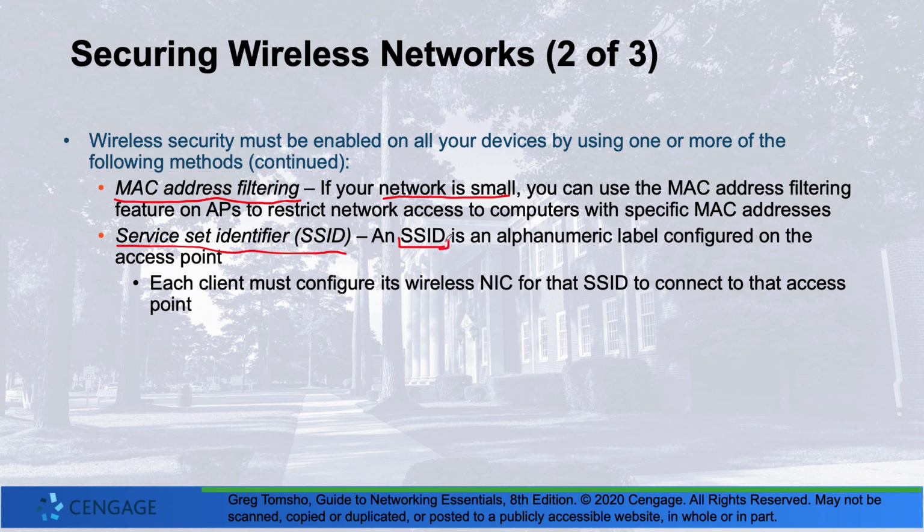So when you see the network called Linksys 5G or whatever name comes up, that's called the SSID. Each client must configure its wireless NIC for that SSID. So you pick that wireless SSID and it associates with that wireless network.